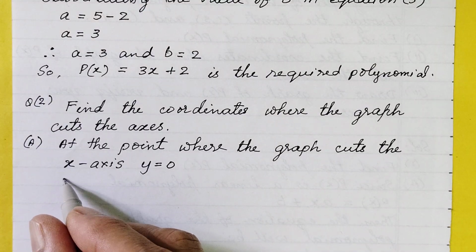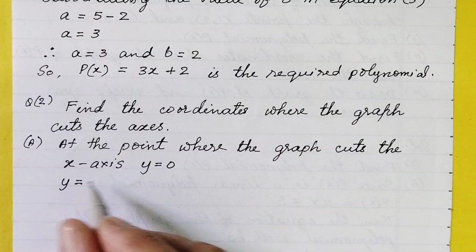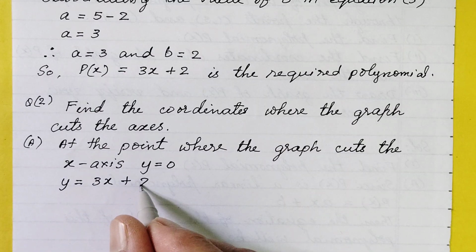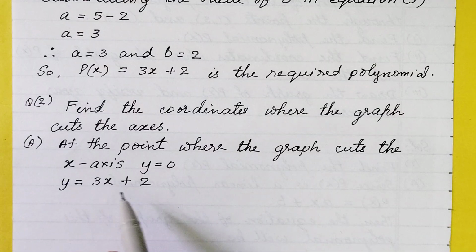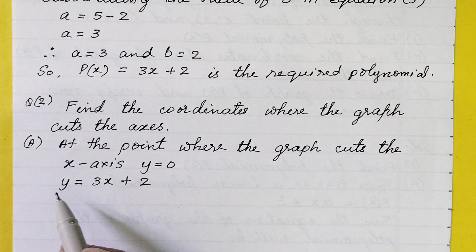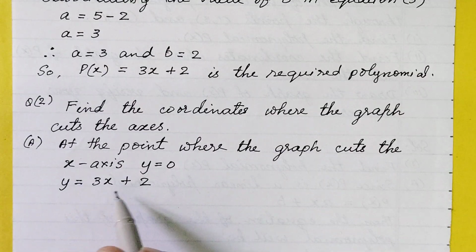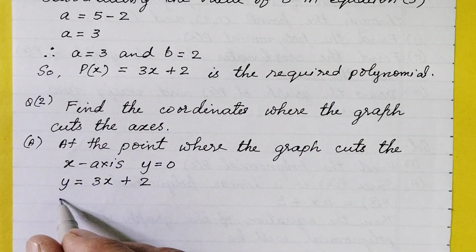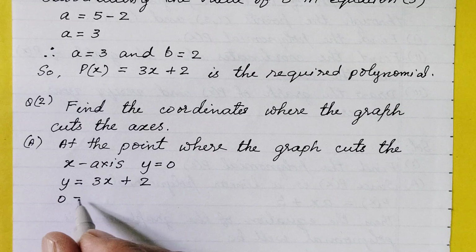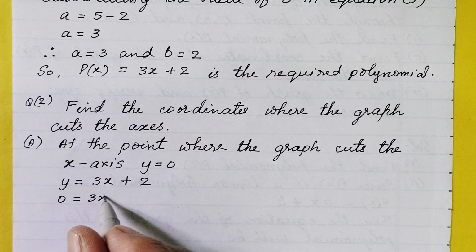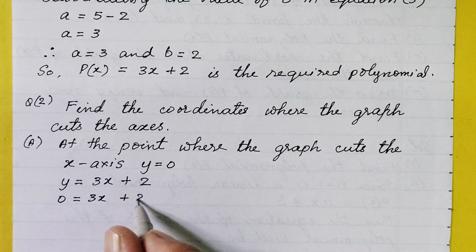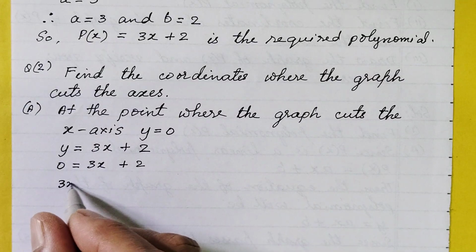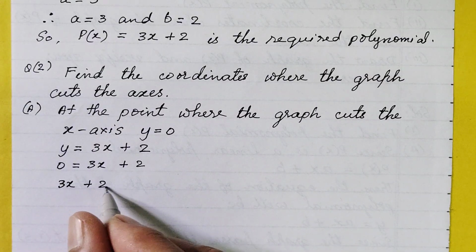So the equation of the graph was y is equal to 3x plus 2. So here we will put the value of y to be 0 and get the value of x. So 0 will be equal to 3x plus 2. I will write it as 3x plus 2 equal to 0.